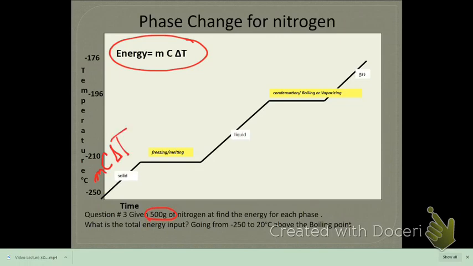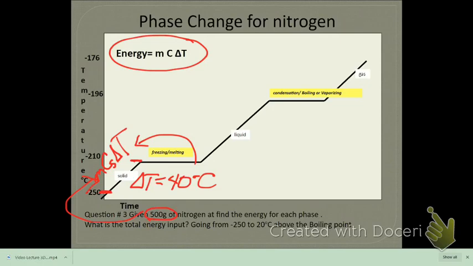Since I'm going to give you the specific heat, let's figure out the temperature change. Your temperature change is from a negative 250 to a negative 210. So your delta T is a difference of 40 degrees Celsius. And that's what I'm going to plug into my delta T. My mass, I'm going to plug into my M. And then capital C is my specific heat for that solid that I'm going to get from the chart.